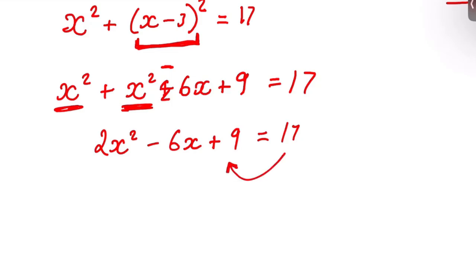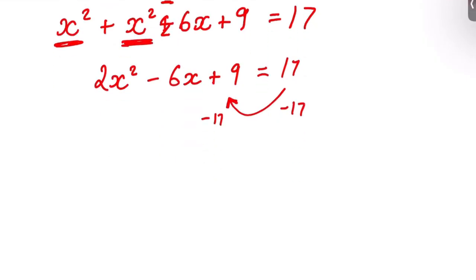At the moment, it's positive on the other side, so to get rid of it, we're going to subtract 17 from both sides. So we're going to have 2x squared minus 6x, and now 9 minus 17 gives you minus 8, and that's equal to 0. There's nothing left on the other side.